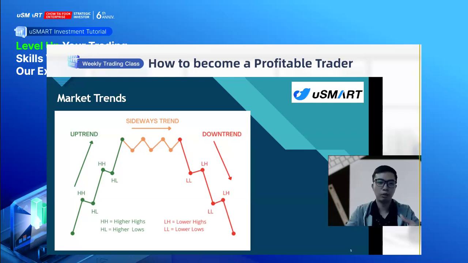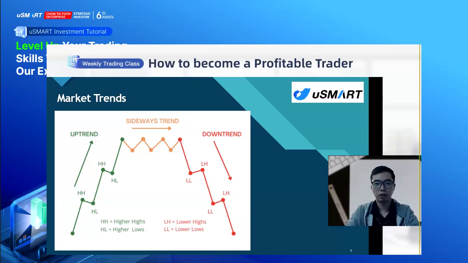So in an uptrend, what we do is go long the market. For those who can't use CFD, we can use option trading to go long the market. On the opposite, for a downtrend, we can use put options to short the market.